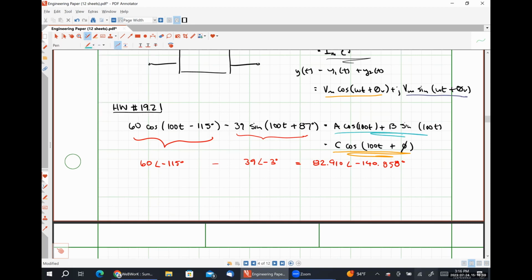Now, how do we get this form? Well, if I convert that complex number, 82.910 angle negative 140.858 degrees, into a rectangular form complex number, I get negative 64.304 minus j 52.337.